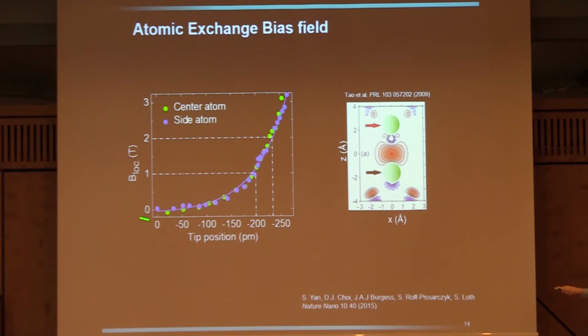As you approach by 2.5 angstroms, it goes from almost nothing to 3 Tesla. Because of the steepness of this increase, we're fairly confident that this is really due to exchange interaction of the orbitals of the last atom on the tip and the orbitals of the trimer. You can see we can create quite strong exchange fields of several Tesla magnitude, and that actually allows us to control these tiny nanostructures in a very precise way.